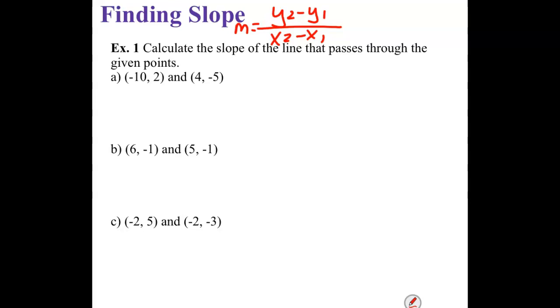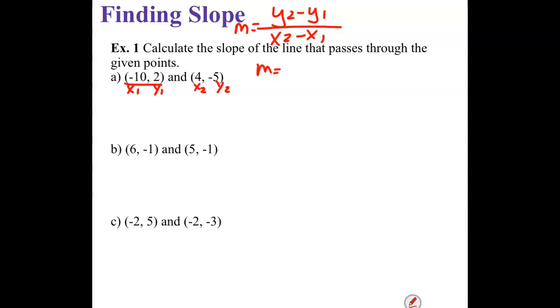So if you're going to call this first one here point 1, then this would be y1, this would be x1, right? They go together. This would be y2 and x2. So it doesn't matter which point I pick as first point, second point, but if I pick that one as the first one, the x is x1 and the y is y1, right? Those have to match.